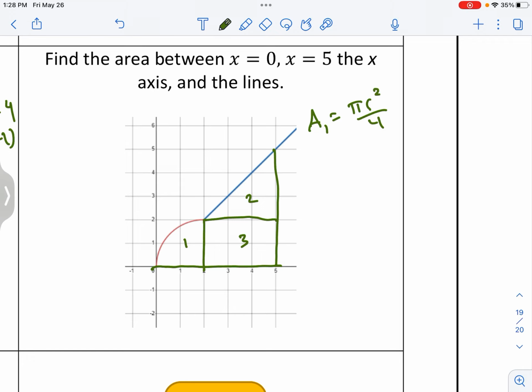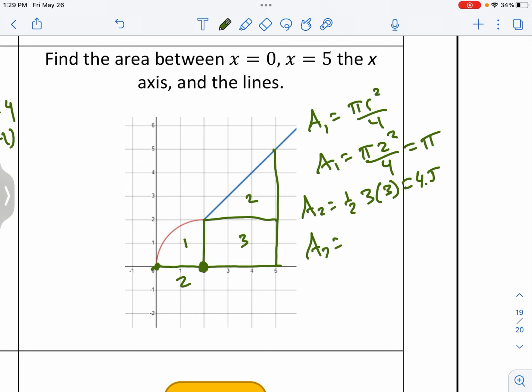And my radius then is 2, right? My center to the edge of the circle. So pi times 2 squared over 4, 2 squared is 4, 4 over 4 gives us pi. The area of part 2 is a triangle, 1/2 times 3 times 3, that's 4.5. And area 3 is a rectangle, that's 3 times 2, 6.